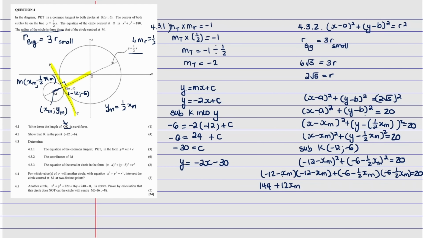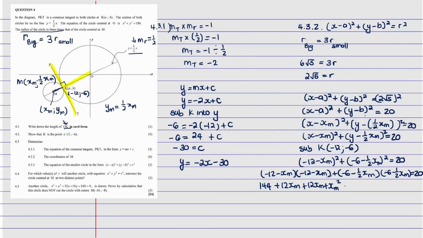Then negative xm multiplied by negative 12 gives another positive 12xm, right? Now negative xm multiplied by negative xm is going to be positive xm squared, right?